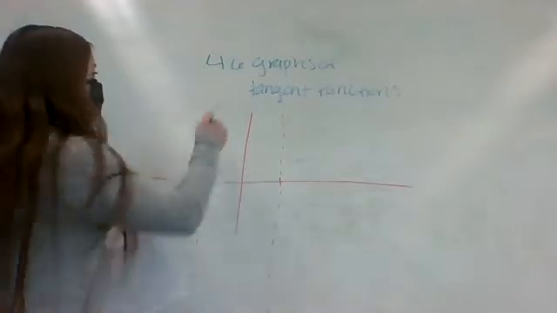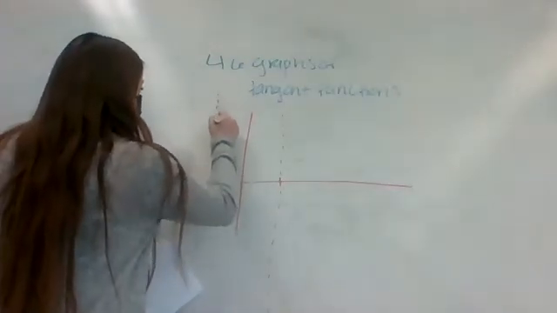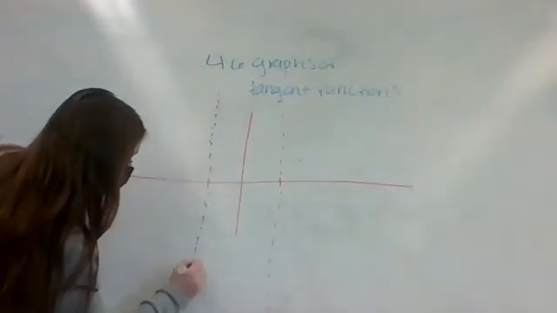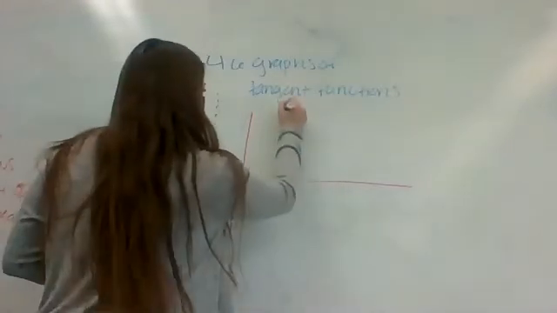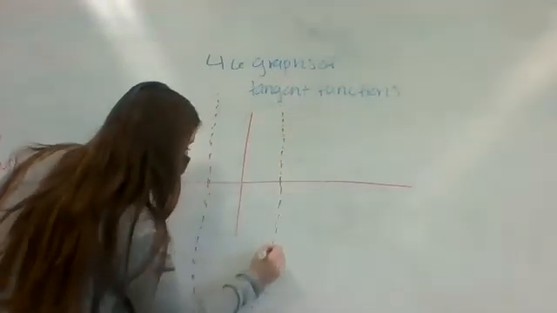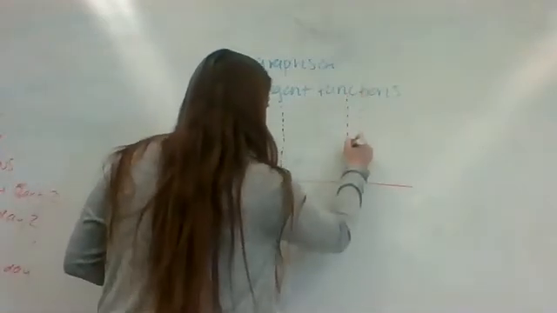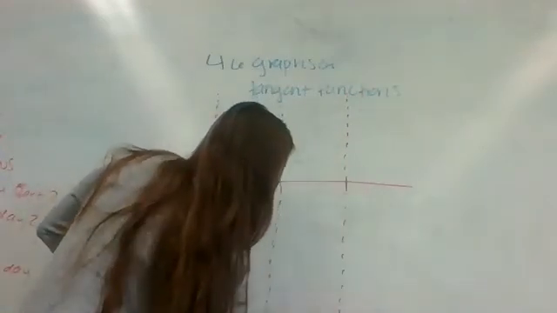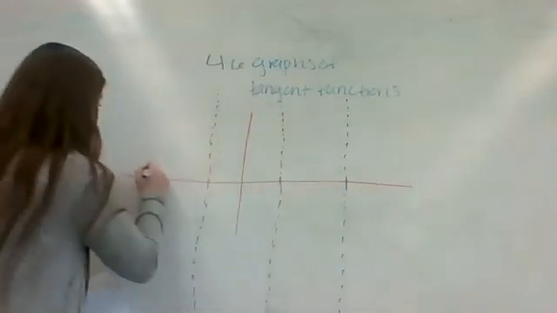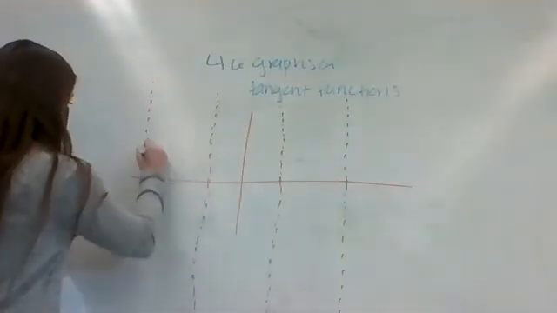So we have these dashed lines for our asymptotes. You can already start to see some differences between the tangent function and a sine or cosine.